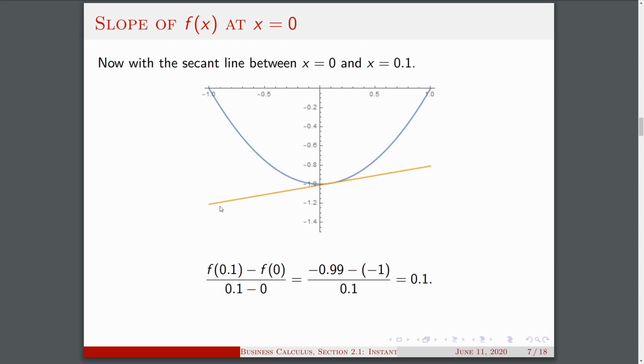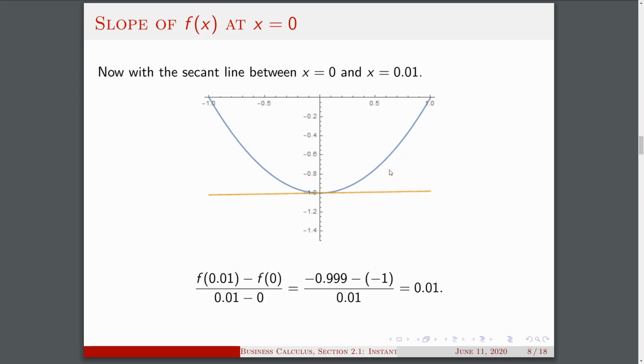And notice as I bring this point closer, this line that I make is becoming more horizontal, isn't it? Now I'm going to bring it even closer, from 0.1 to 0.01, very close to x equals 0. So I'm finding the slope between 2 points that are very close to each other, and I use the slope formula, and in that case I get 0.01.